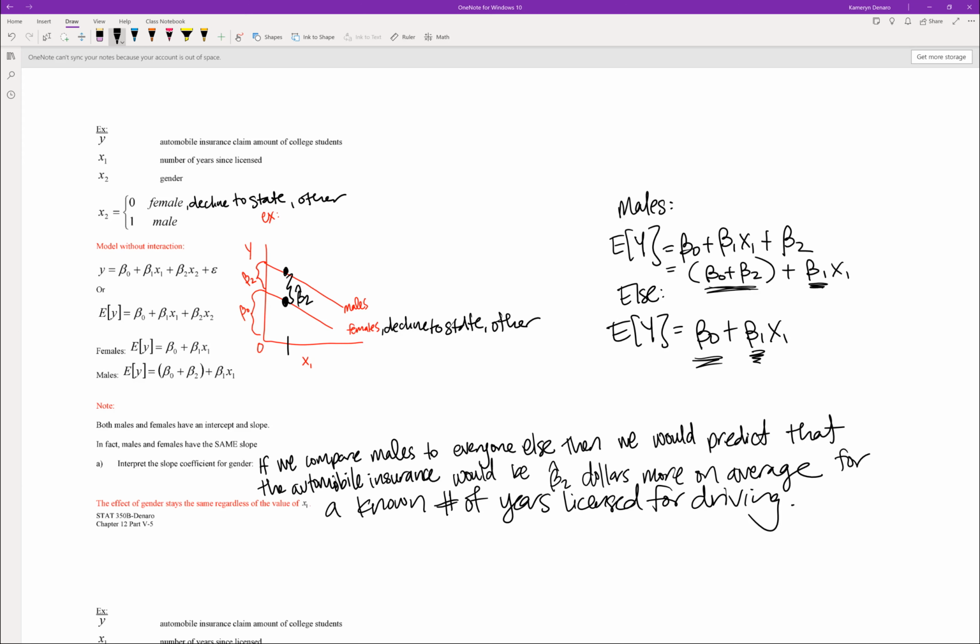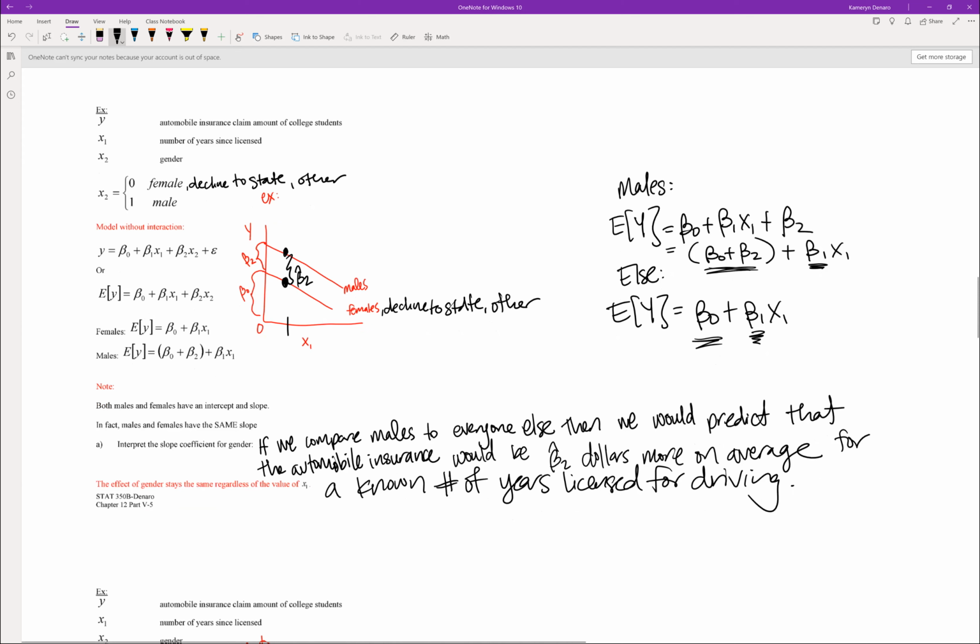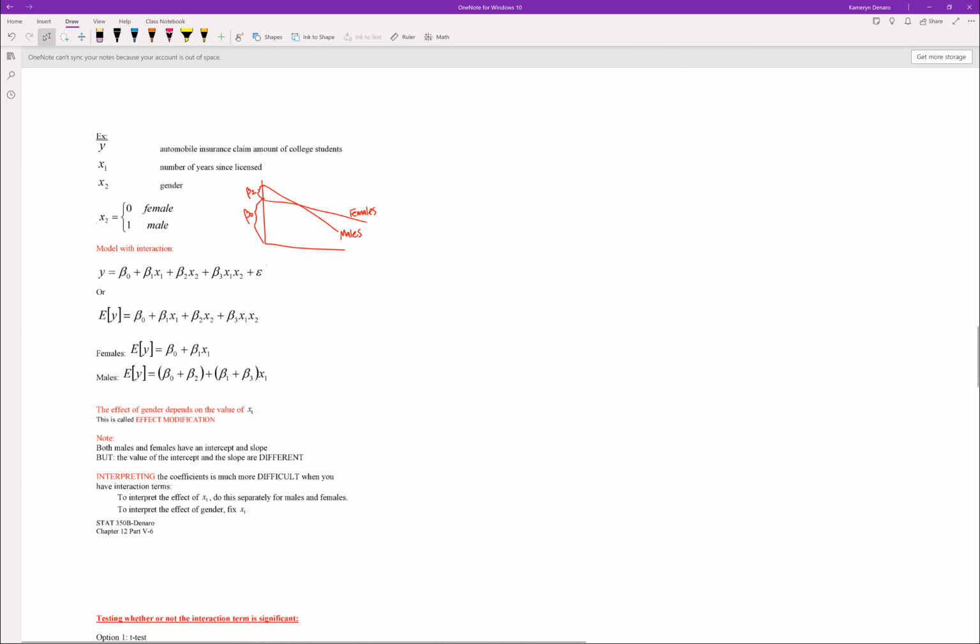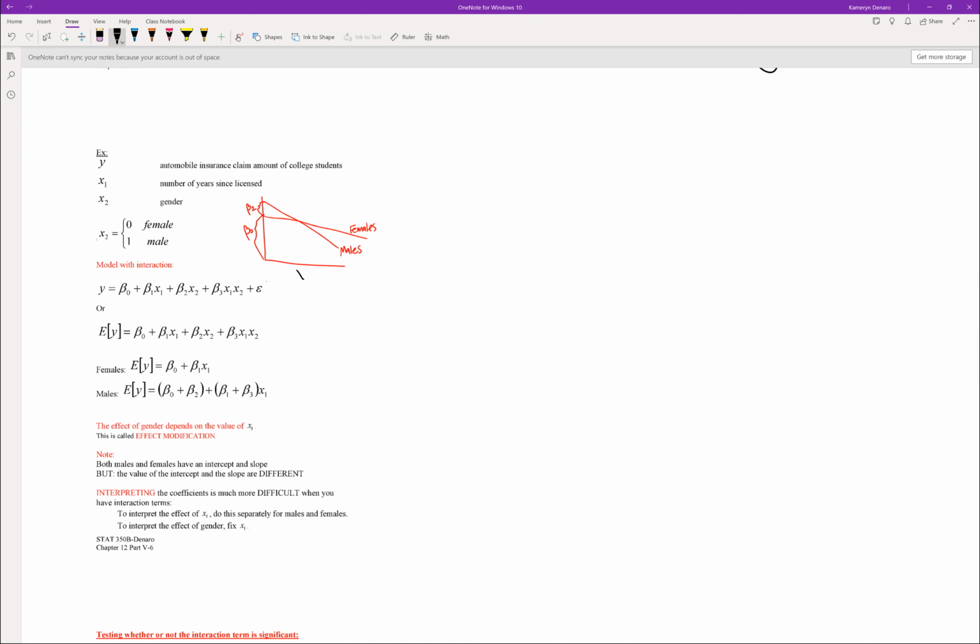If we have an interaction term, that means that as X1 increases, the lines cross. Essentially here we have an interaction between gender and the number of years since licensed.